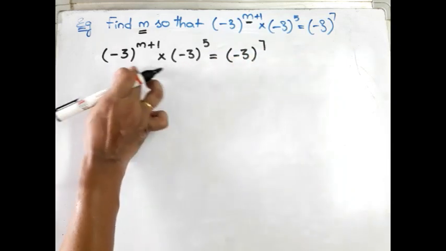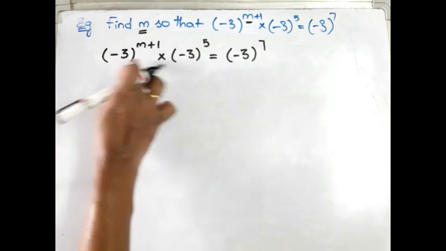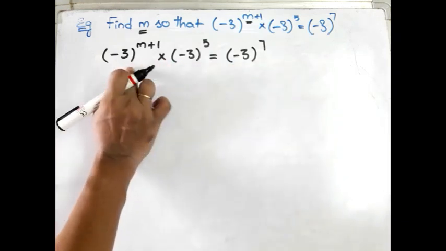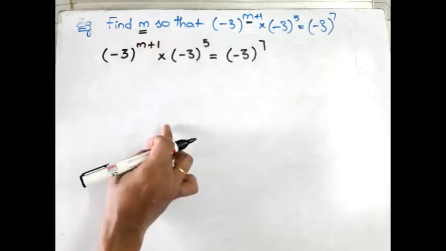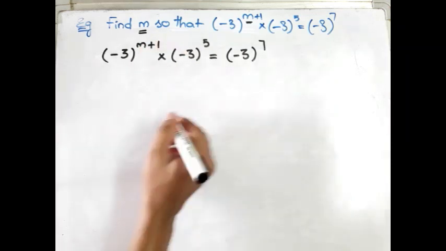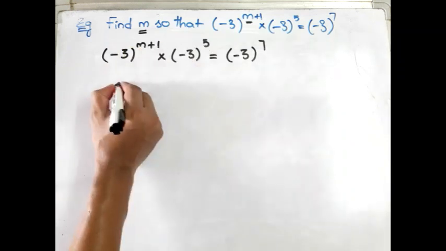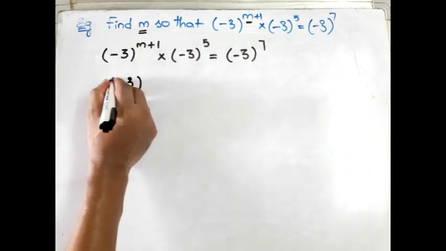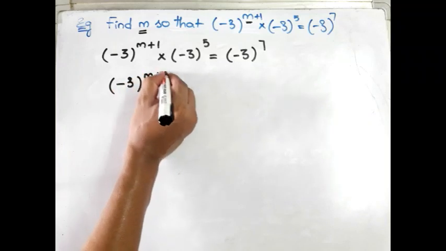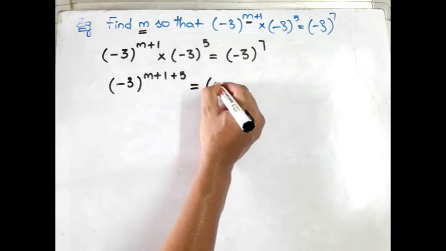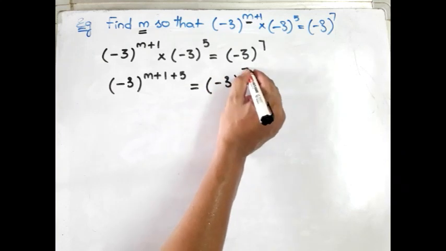First, it's very clear that the bases are equal, minus 3, minus 3, minus 3. When the bases are equal and the terms are under multiplication, we can use the identity a power m into a power n is equal to a power m plus n. Here m plus 1 plus 5 is the exponent.